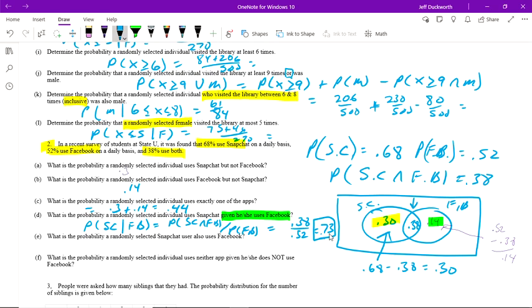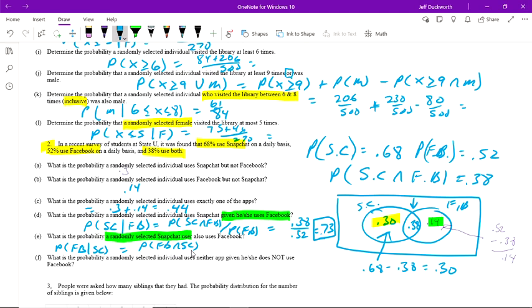E, probability a randomly selected Snapchat user. So let's highlight that. We know that the person uses Snapchat. We want the probability that they also use Facebook. So this one becomes probability of Facebook given that they use Snapchat. This is the same intersection.